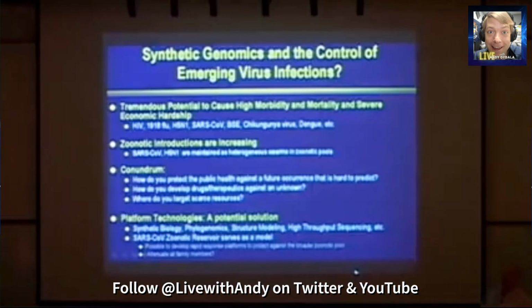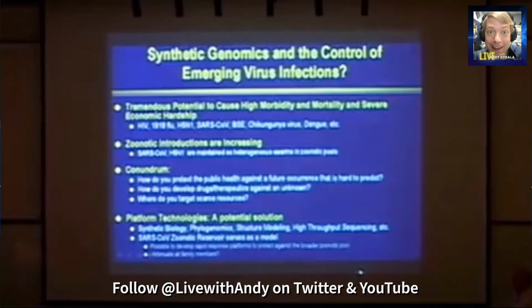This raises a conundrum: how do you protect public health against a future occurrence that is hard to predict? How do you develop drugs and therapeutics against an unknown from this heterogeneous swarm of variant strains that will actually work against the unknown that will emerge in the future? And how do you target your scarce resources? We think platform technologies like synthetic biology, phylogenomics, structural modeling, and high-throughput sequencing will provide a platform.